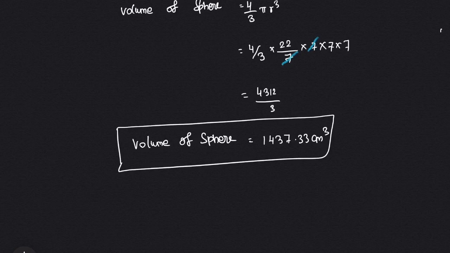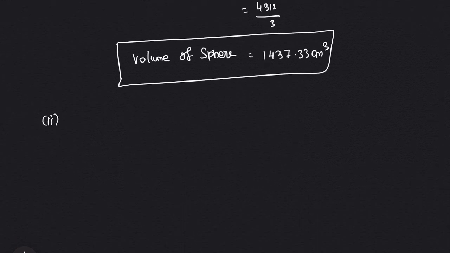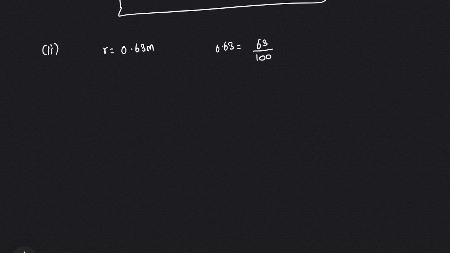Next one. The second question, the radius r is equal to 0.63 meter. So with fractions it's a little bit complex, so we just convert the decimal into a fraction. So 0.63 is equal to 63 upon 100. So just replacing values, the volume is equal to 4 by 3 pi r cube.